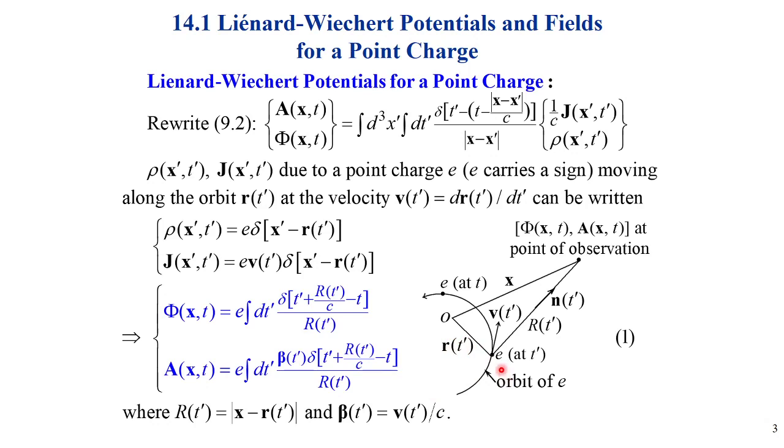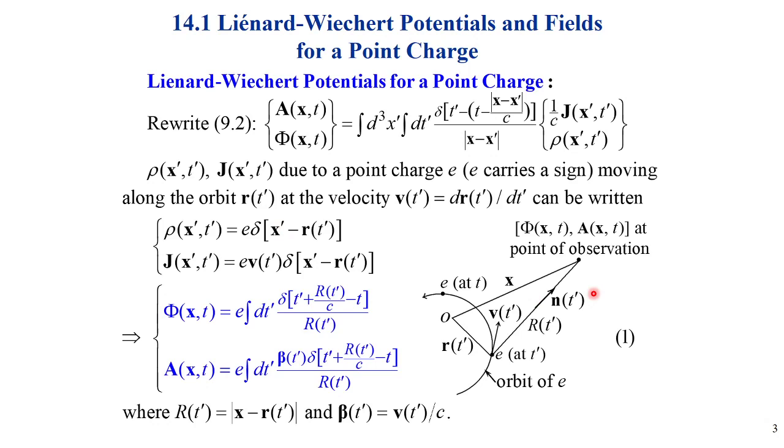How much time for the wave to propagate from here to here? The separation is r of t prime. That means at t prime, the separation is r. That is the absolute value of x minus r, right?